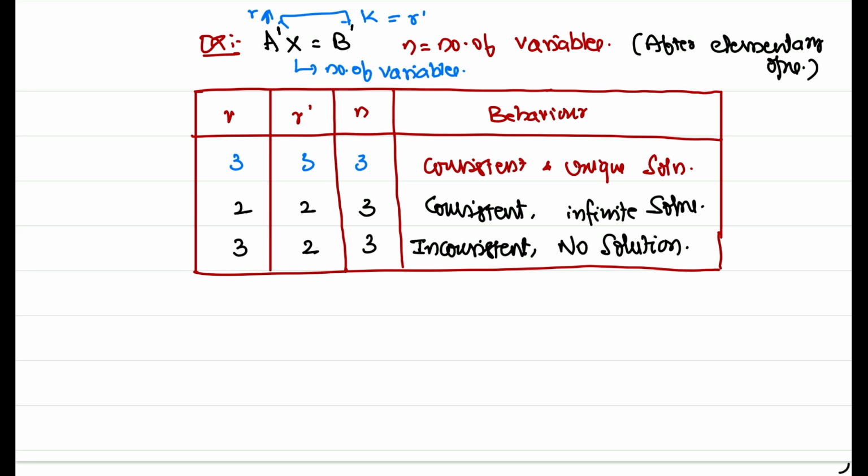If R is equal to R dash, 2 situations will come. R is equal to R dash and number of variables is equal to R, then consistent and unique solution. If R is equal to R dash, but number of variables is greater than rank, then consistent but infinite solutions.